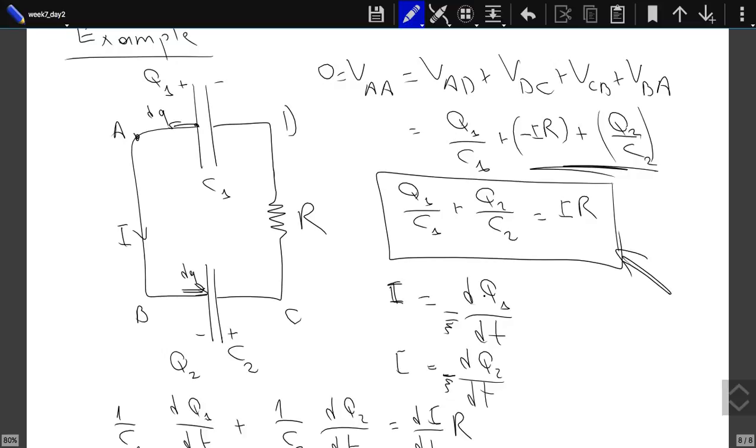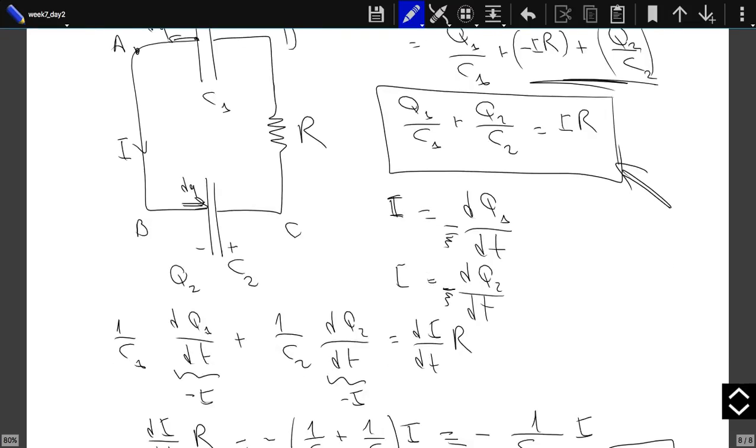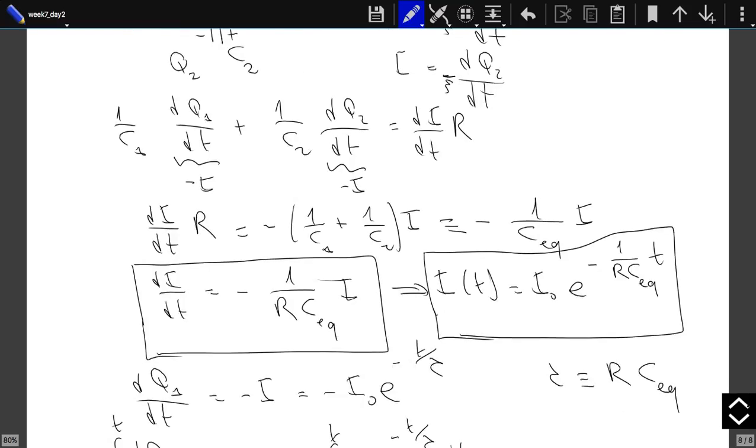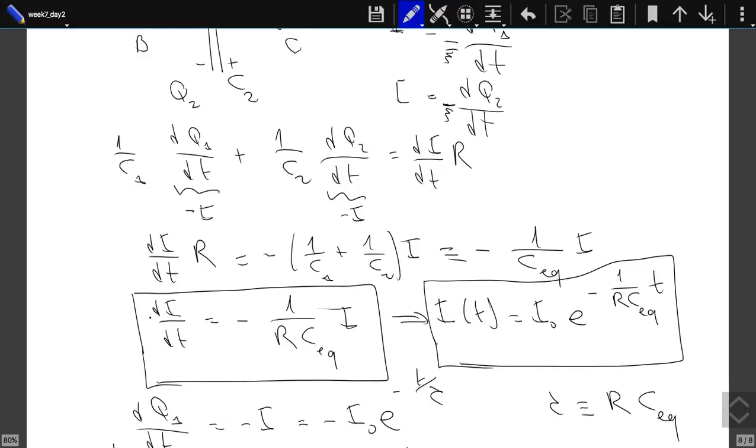So rather than doing that, I take the time derivative of this equation, which gives me an equation in terms of the time derivative of I and the time derivatives of Q1 and Q2, which are themselves the current I. If I take the time derivative, this is what I obtain. And if I use the second and third equations that I derived, I obtain an equation for the current as a function of time. And if I solve that equation, this is what I obtain for the time dependence of the current.